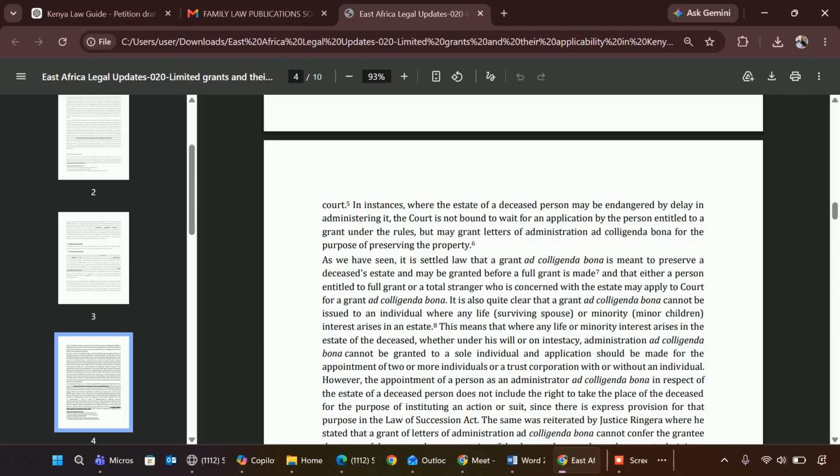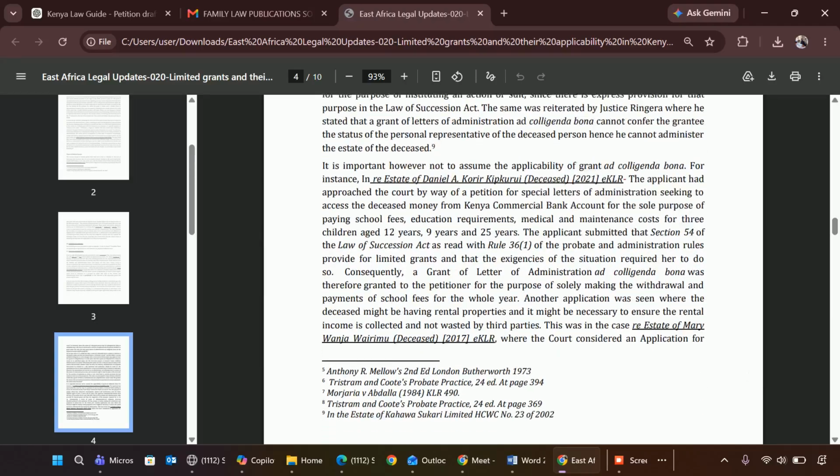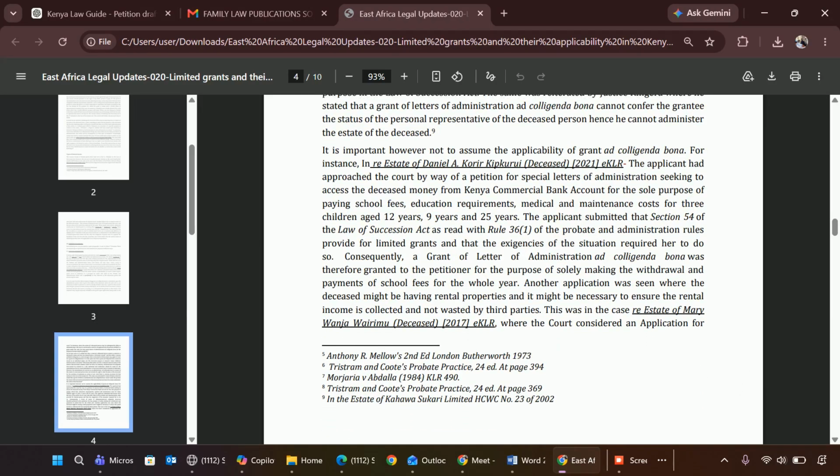It is also quite clear that a grant ad colligenda bona cannot be issued to an individual where any life or surviving spouse or minority or minor children interest arises in an estate. That was the decision known as Tristram and Coote's Probate Practice, a book.